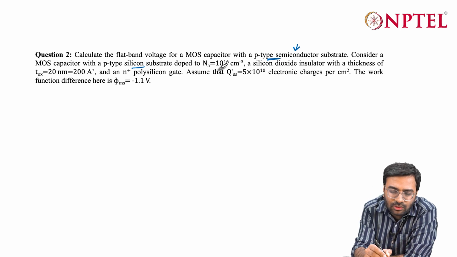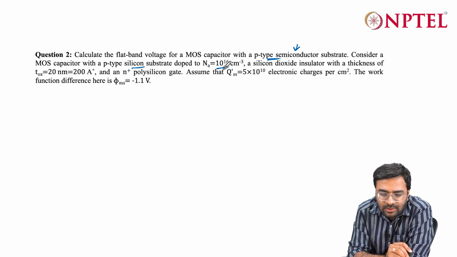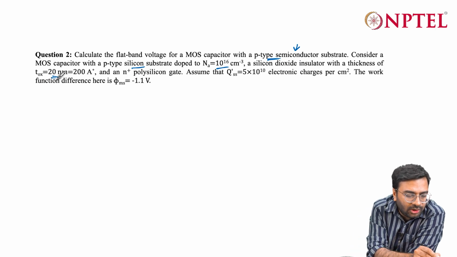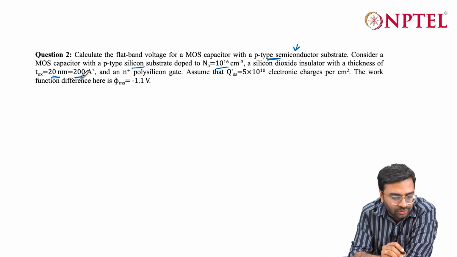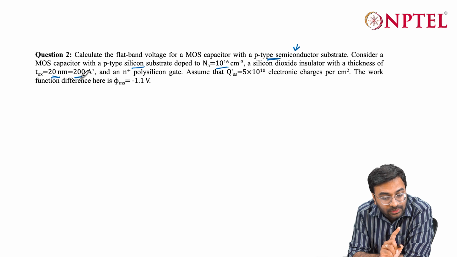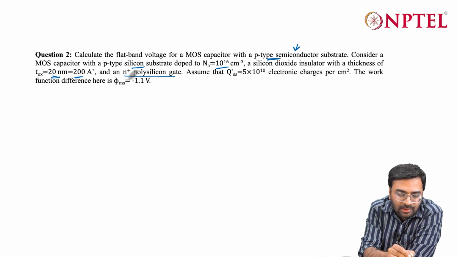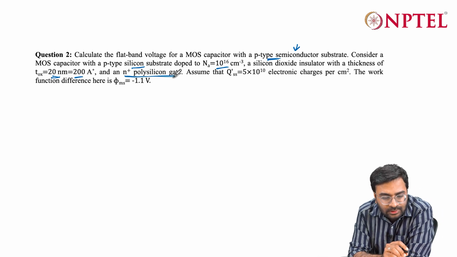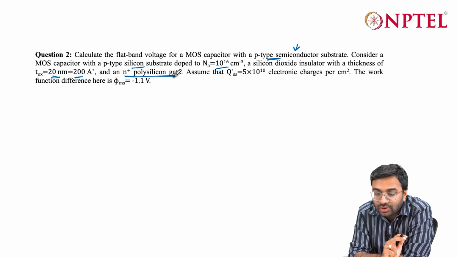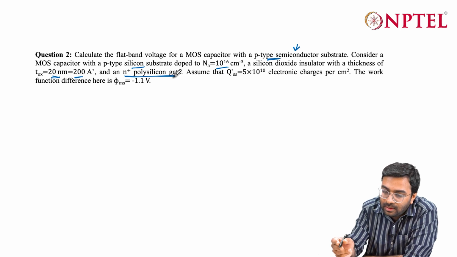Doping Na is equal to 10 to the power 16 per centimeter cube. A silicon dioxide insulator with a thickness of 20 nanometer, TOX equal to 20 nanometer or 200 angstrom, and an N plus polysilicon gate. So, this time the gate is polysilicon. Assume that QSS dash is equal to 5 into 10 to the power 10 electronic charges per centimeter square.